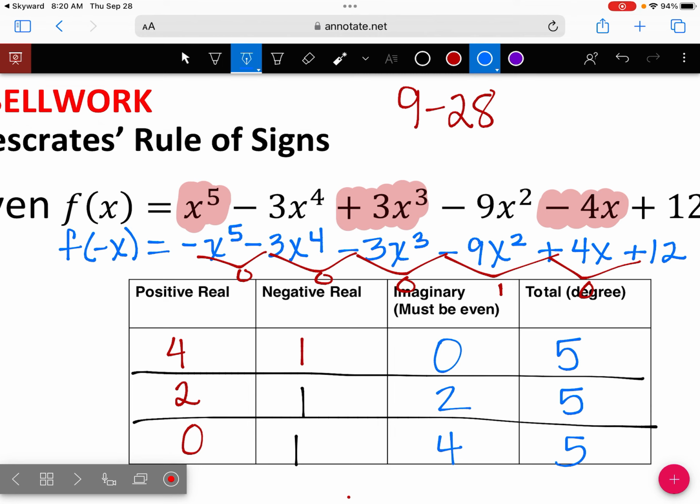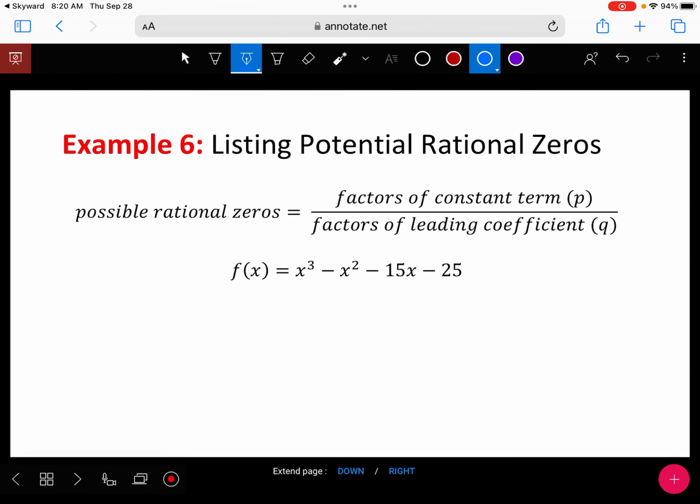All right, so now we're going to talk about potential real zeros. I'm going to give you a minute to copy down example 6.